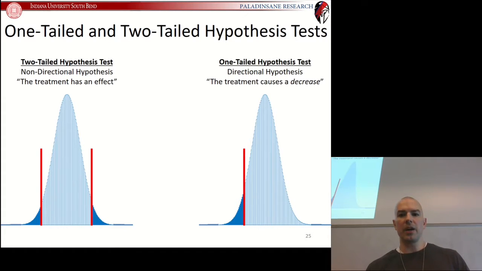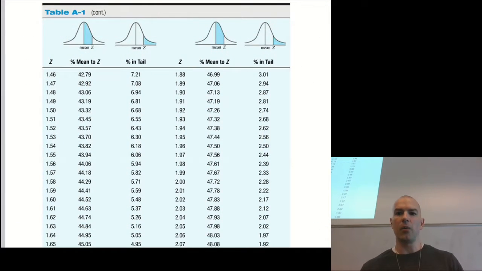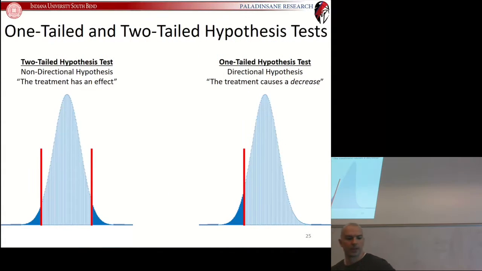So let's say that we are doing a one-tail test, and we have an alpha of 0.05. As I mentioned, alpha is the size of your tails.